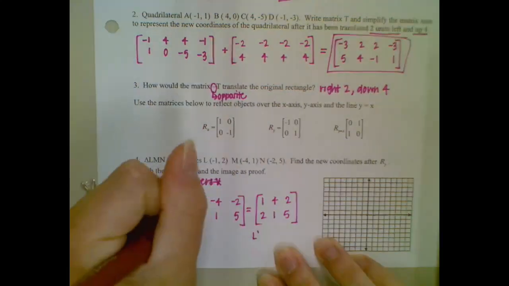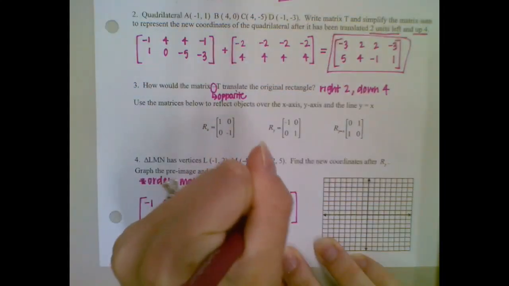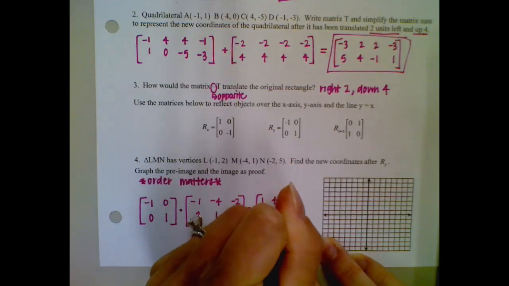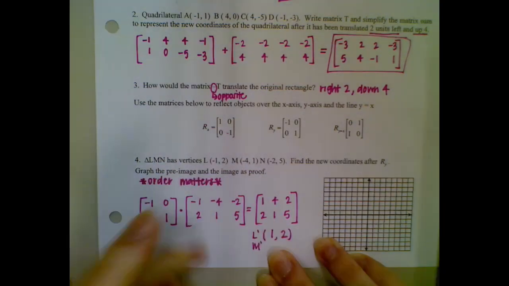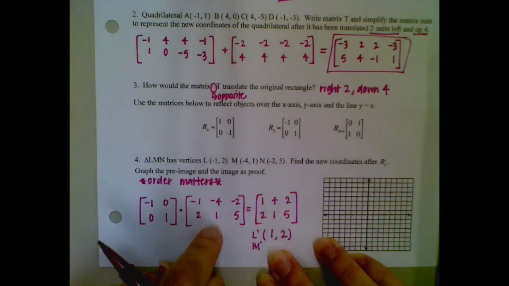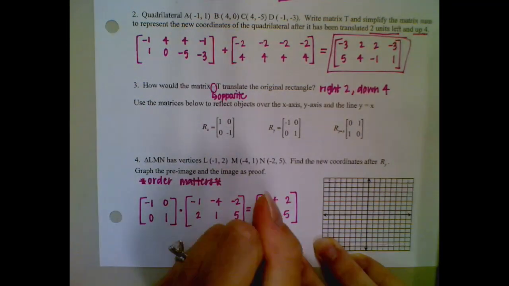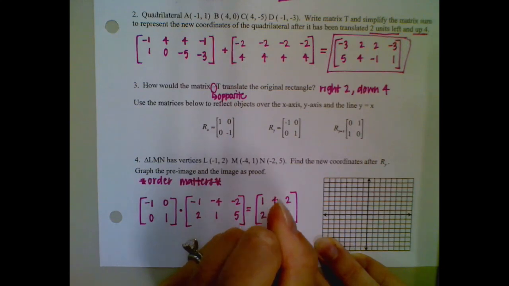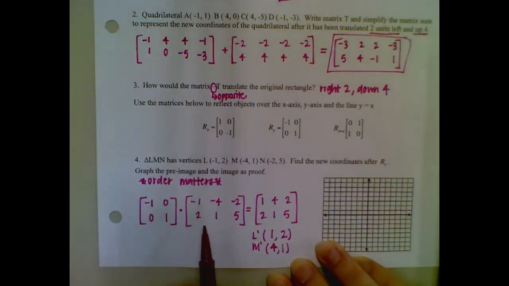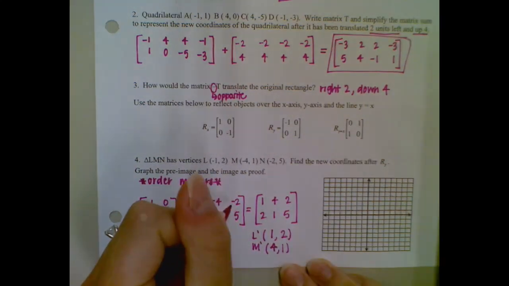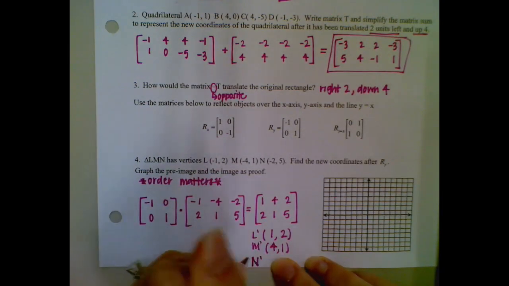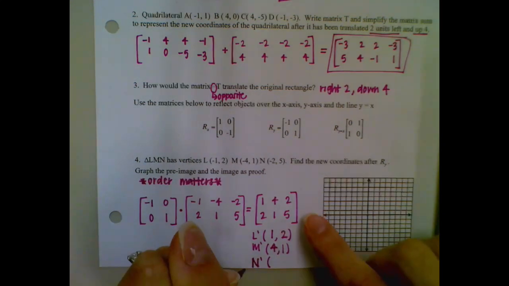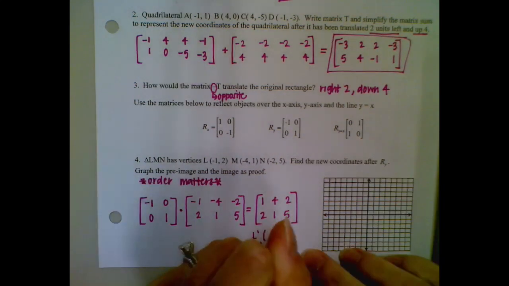L, this was L. L has now moved to the coordinate 1, 2. M was at -4, 1. It is now at 4, 1. And then N was originally at -2, 5. And it is now at 2, 5.